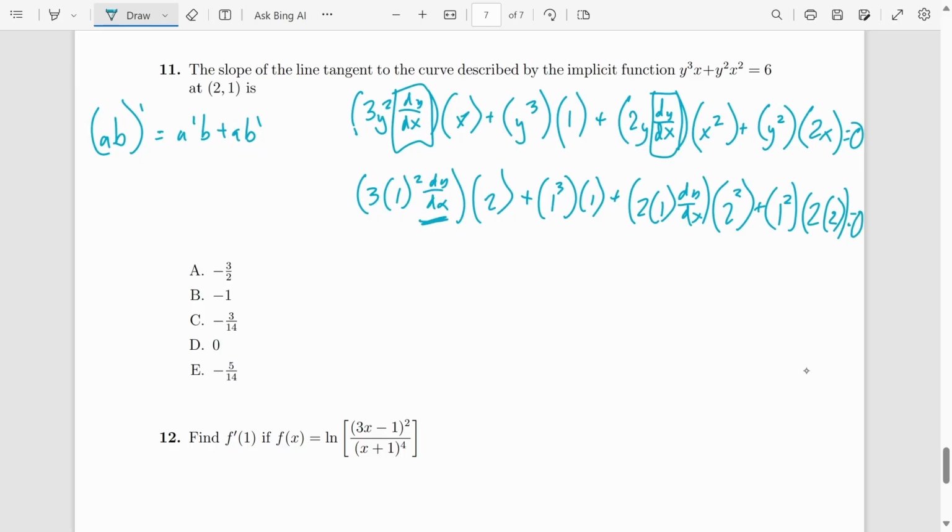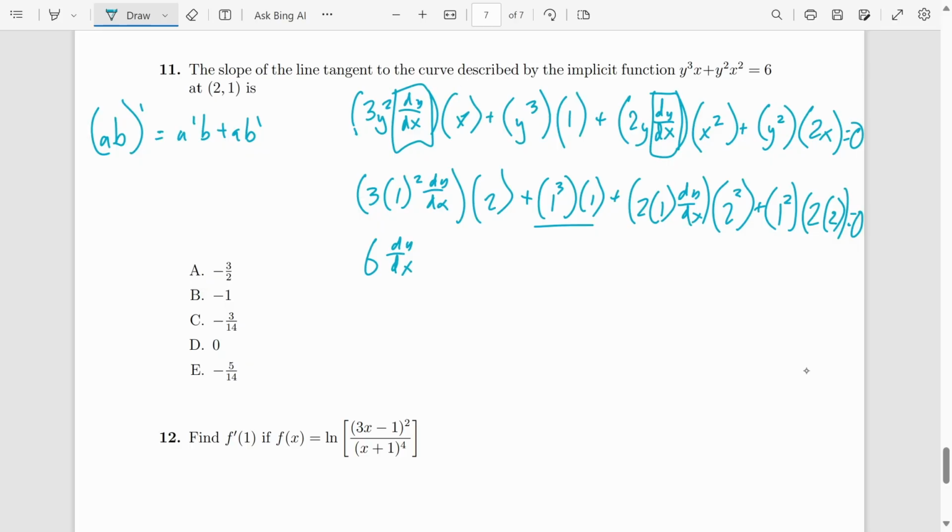Now, we still have our dy over dx's hanging around, but we no longer have any other variables. So we can just simplify and solve for dy over dx. To do that, let's start by multiplying all these things out. This 3 times 1 squared is just 3, and this 2 is a 2, so this is going to be 6 times dy over dx.